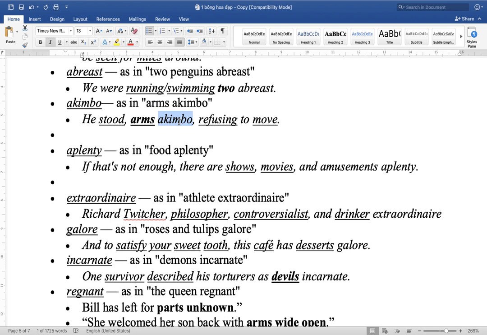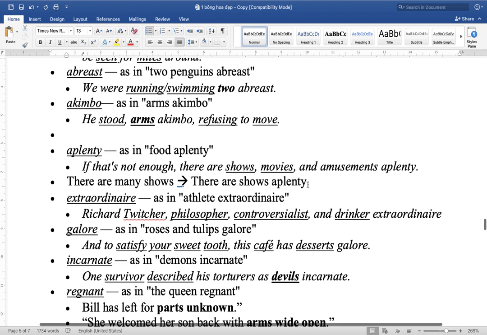Đứng chống nạnh, okay, arms akimbo. Or "plenty." There are, so we can say, right, there are many or a lot of shows, is it right? So we can change this into "there are shows plenty." So this is a way we use an adjective to make it more interesting.